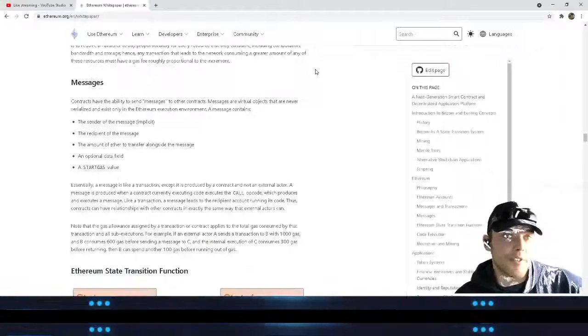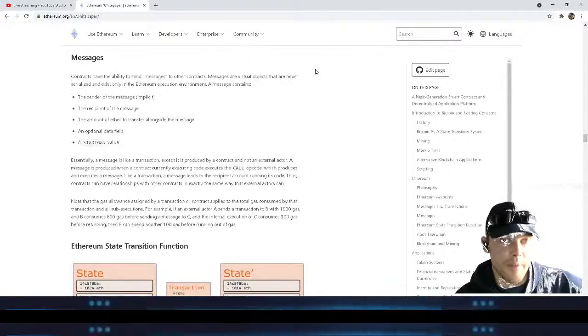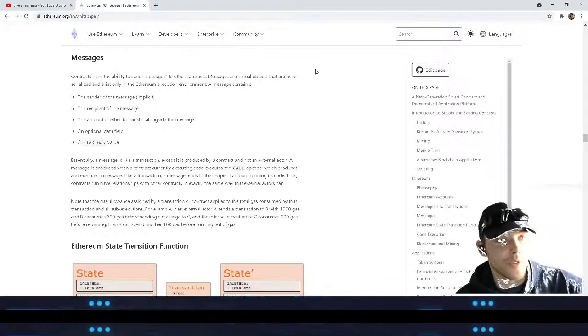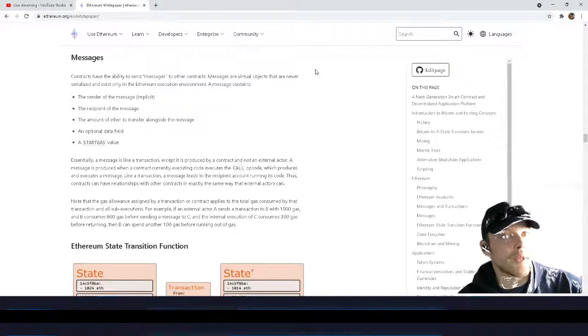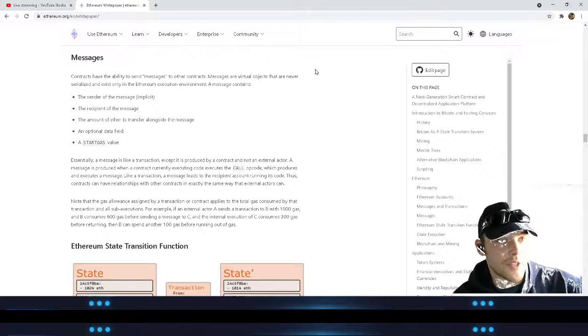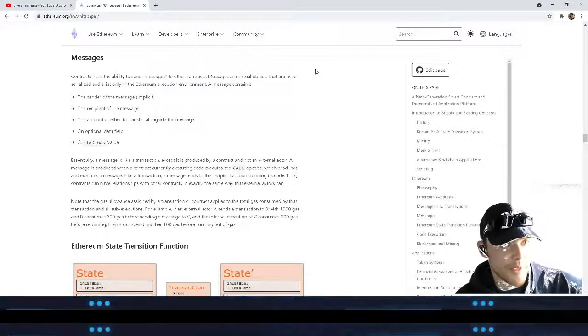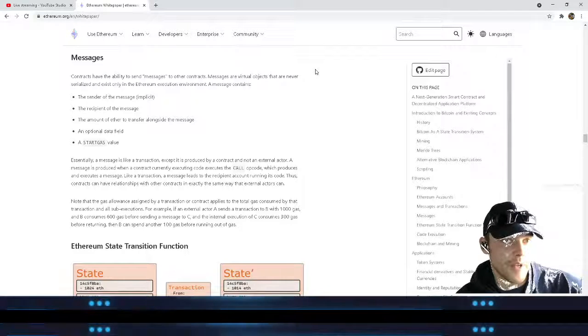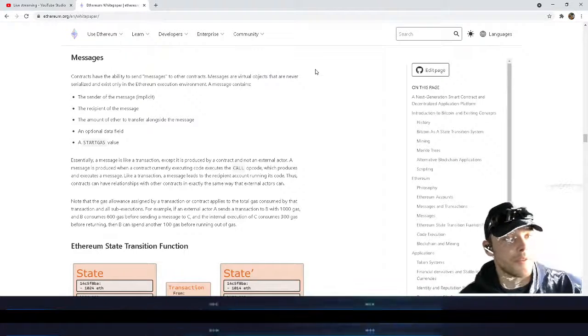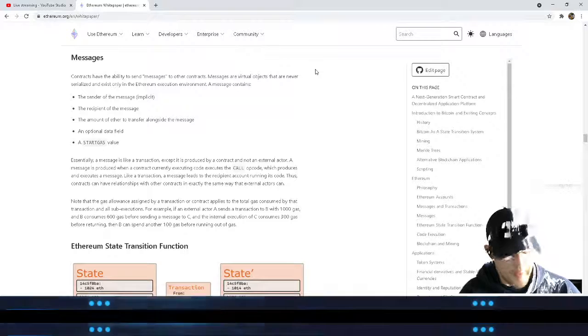Contracts have the ability to send messages to other contracts. Messages are virtual objects that are never serialized and exist only in the Ethereum execution environment. A message contains the sender of the message (implicit), the recipient of the message, the amount of ether to transfer alongside the message, an optional data field, and a start gas value.